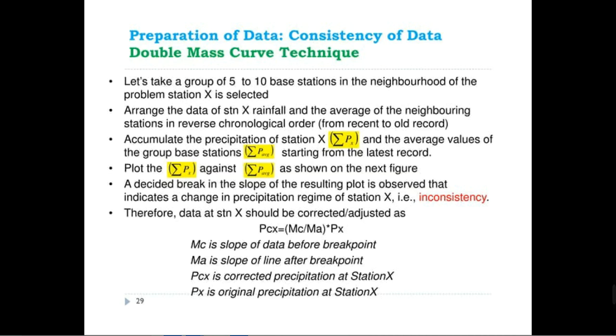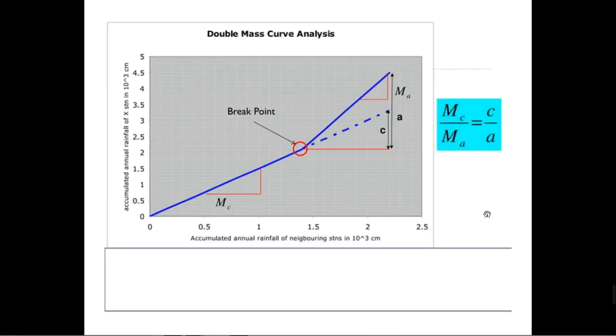Accumulate the precipitation of stations, sigma Px, and the average values of the group base stations, starting from the latest record. Plot the sigma Px against sigma average as shown in the next figure. A decided break in slope of the resulting plot is observed. This is the double mass curve.